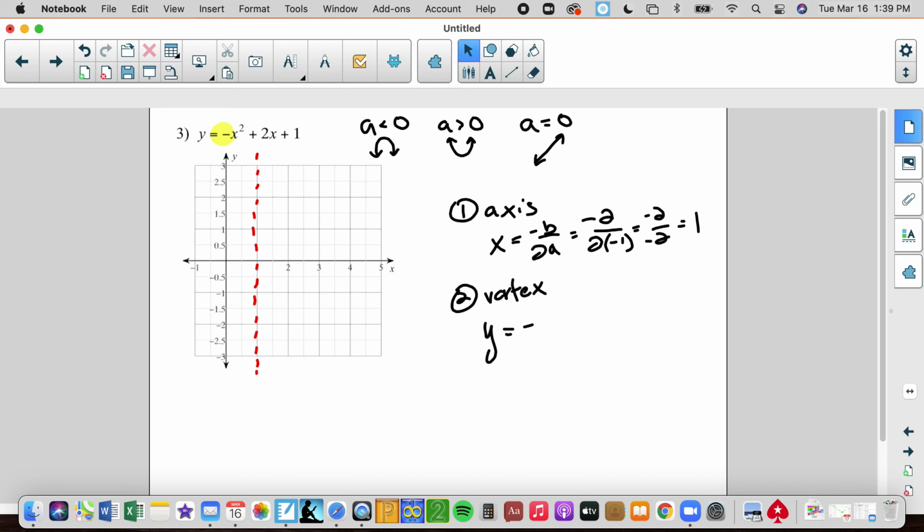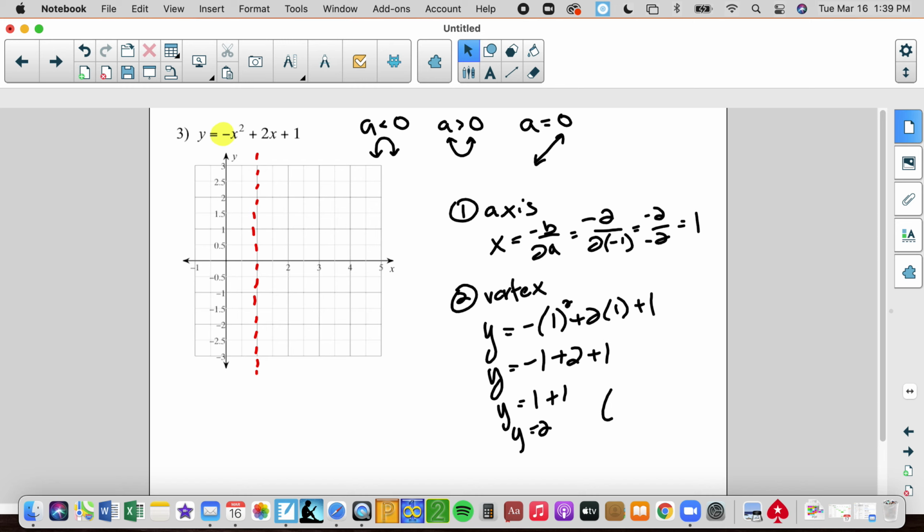So I have the opposite of 1 squared plus 2 times 1 plus 1. I'm going to square 1 first, which is 1, and then attach the negative. Plus 2 plus 1, that gives me 1 plus 1, which is 2.